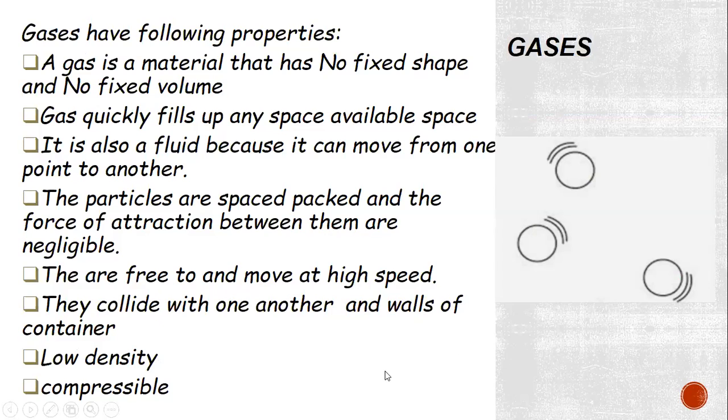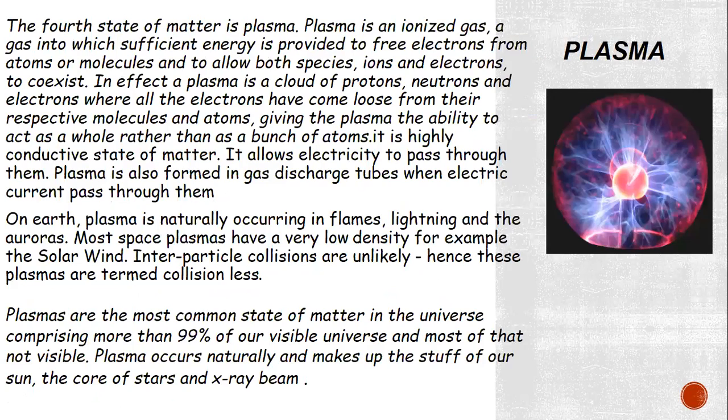You know that a solid can be melted to a liquid, and if we further heat the liquid, it converts into gas. But what if the gas is further heated? When the gas is further heated, it converts into the fourth state of matter, which is called plasma.